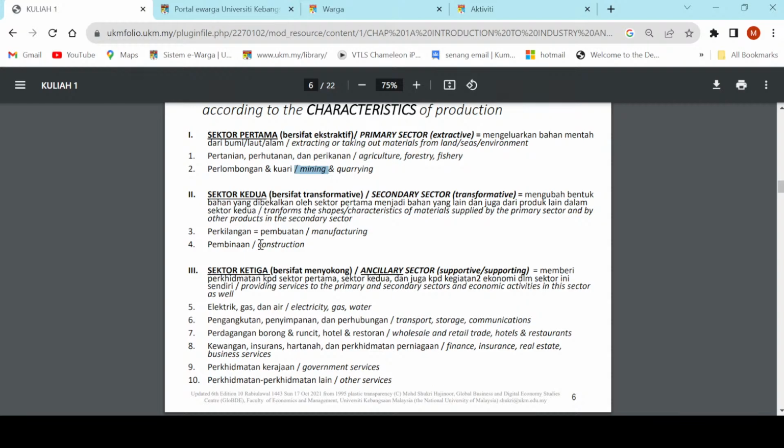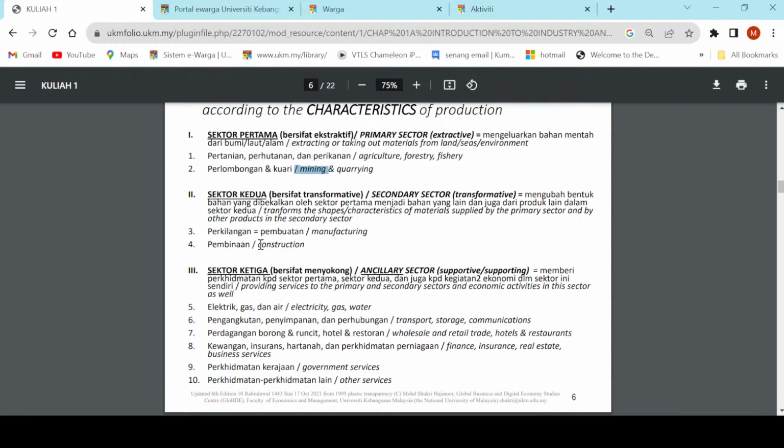The nature of this economic activity, manufacturing and construction, is transformative in nature. Transformative, and they are secondary sector because they come second in the process after the primary sector. Transformative, this is very important.